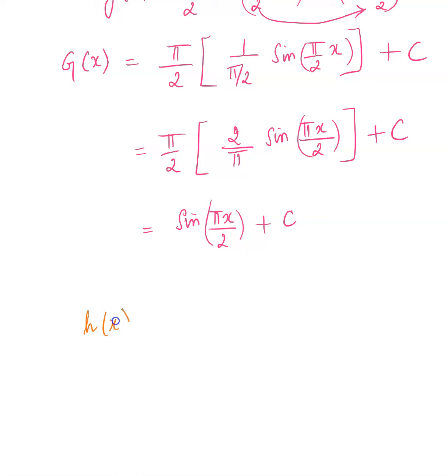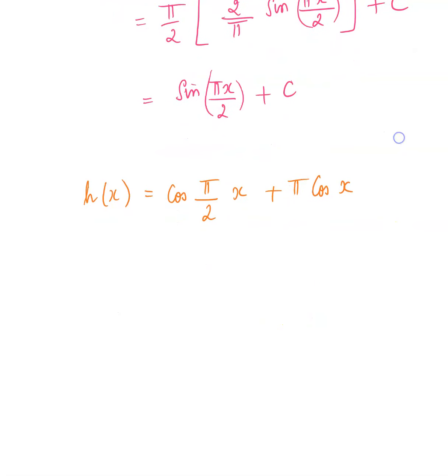How about this one? H of x is cosine pi over 2x over 2, plus pi cosine x. Please pause the video, catch your answer, come back and check.